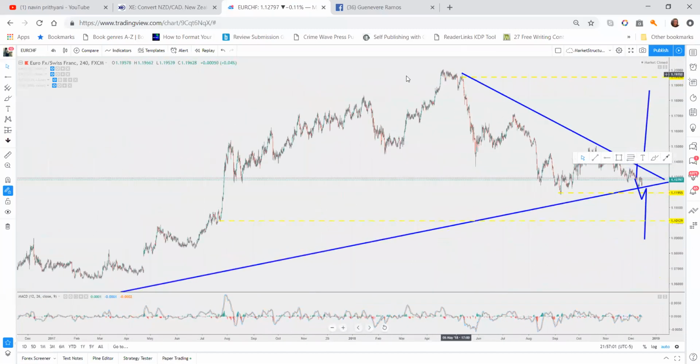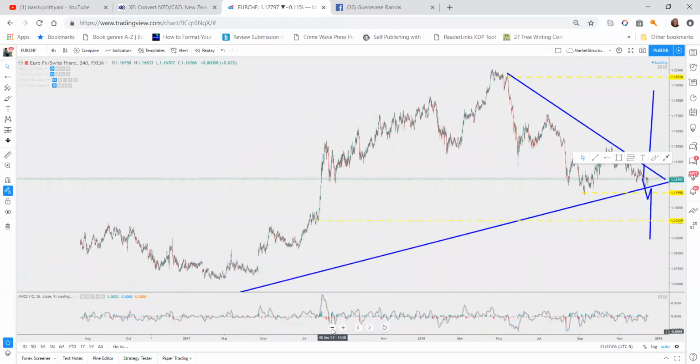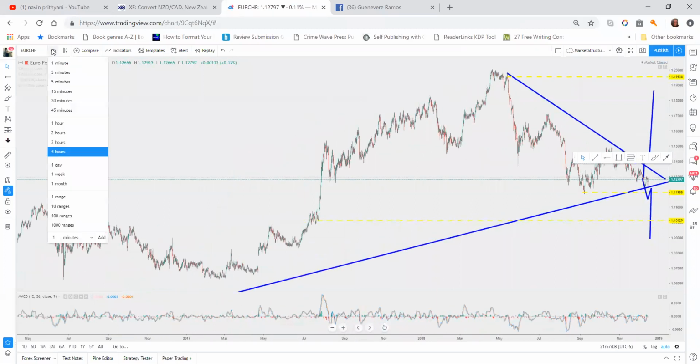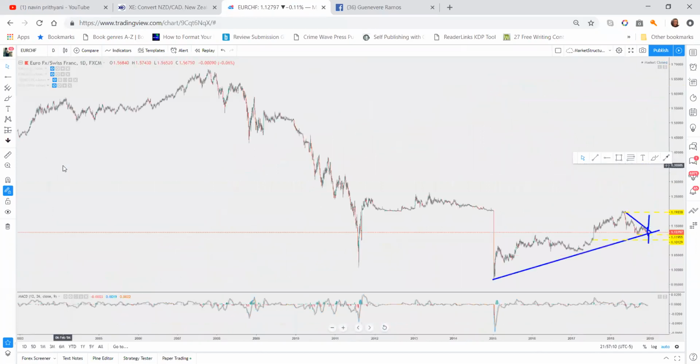Remember, supply zone is where the sellers take control of the market. If you look left and you can't see a previous zone, you need to go to the next higher time frame. All right, looking left, we see why this sold off, because this was a huge downtrend and then a huge correction.